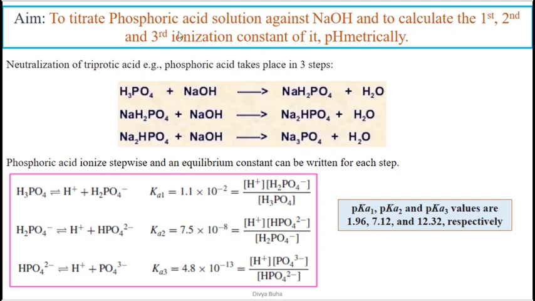It is only one acid, that is phosphoric acid, but since it is a triprotic acid, the system would act as a mixture of 3 different weak acids, and each one of these protons would get titrated individually, or you can say separately, with NaOH, and you will be getting the 3 ionization constant values of it, and finally the 3 equilibrium constant values of it, right?